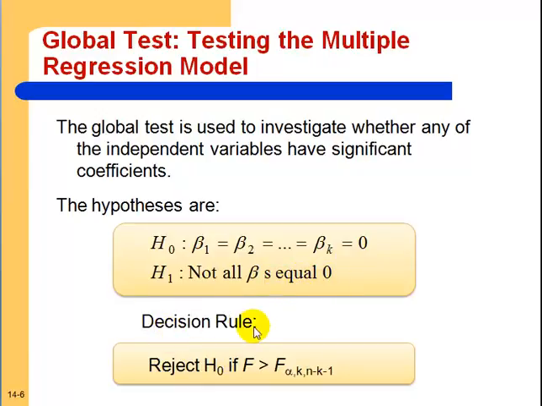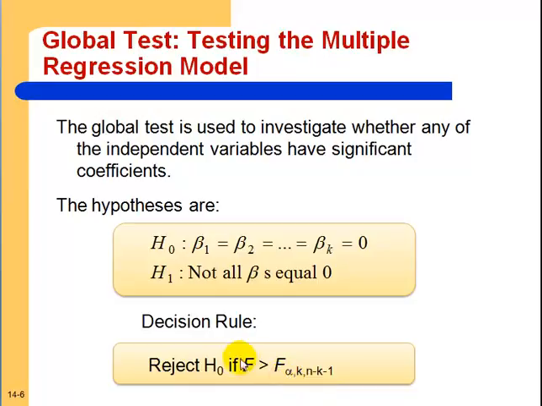Step 2, decision rule. Here we do not use the z distribution and z value. We use the F distribution, and the critical value is F sub alpha, k and n minus k minus 1.